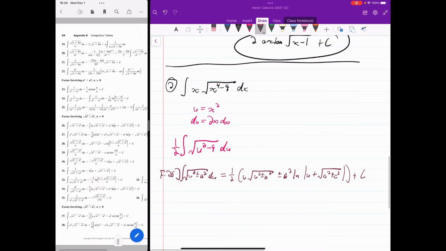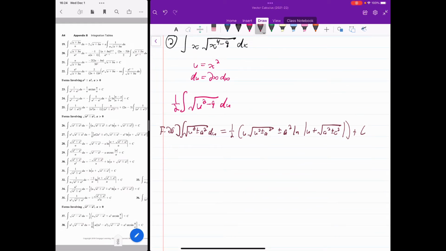Whew. Okay, note that the plus minus matches. So if one is plus, the other is plus. This is where that minus plus may come into play in some of these formulas.